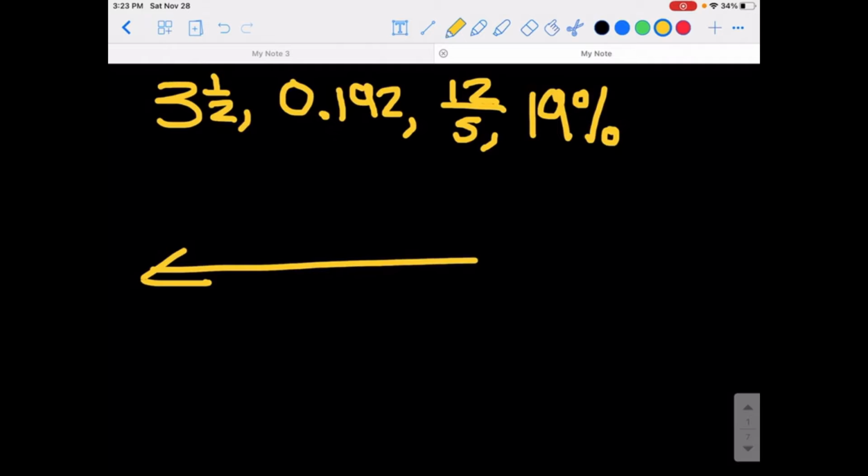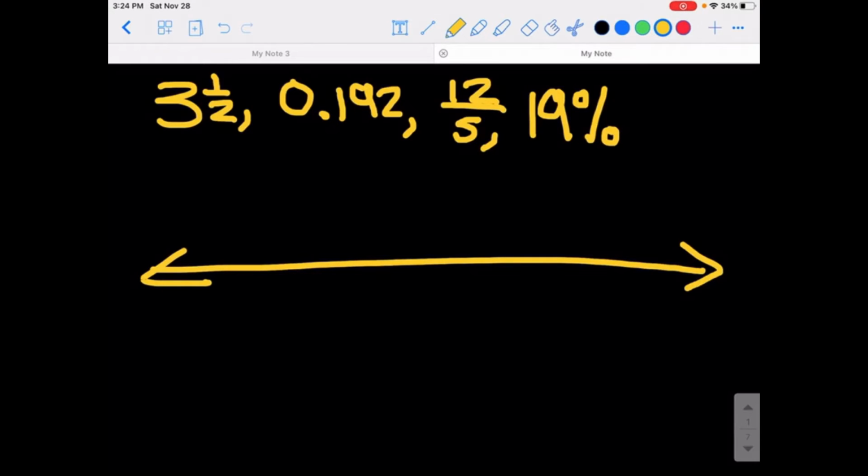Now, to list them from least to greatest, it is easiest to put them in the same unit, right? Because some of them are fractions, some are decimals, and one is even a percent. So it is best to organize them in one form.